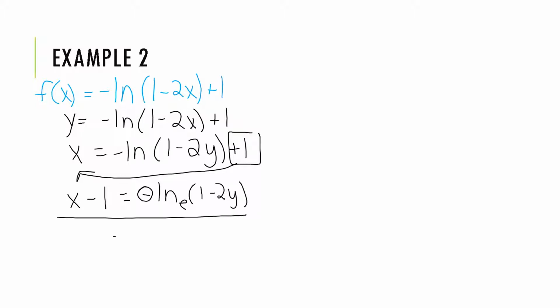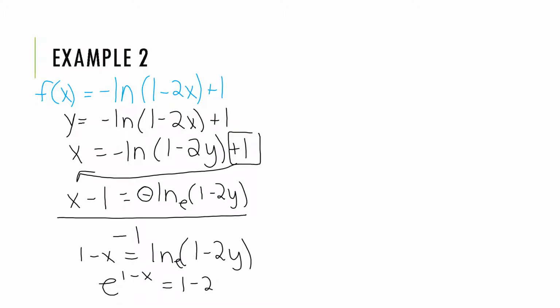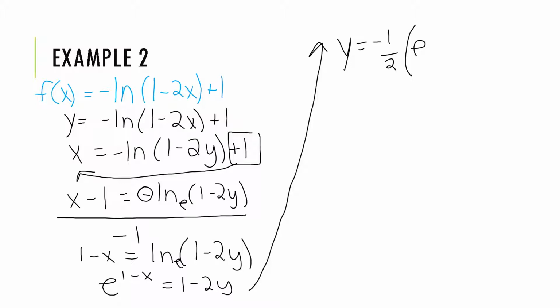So we will divide this whole thing by negative 1, and that will give us 1 minus x equals the natural log of 1 minus 2y. And then we are going to raise e to the 1 minus x power, and that's going to equal 1 minus 2y. From there, we are going to subtract 1 onto the other side and divide by negative 2, which is going to give us y equals negative 1/2 times e to the 1 minus x, minus 1.